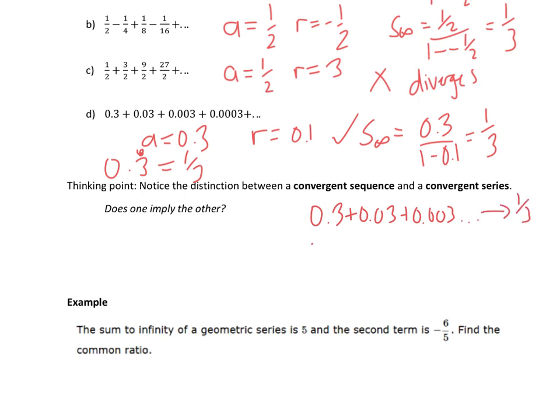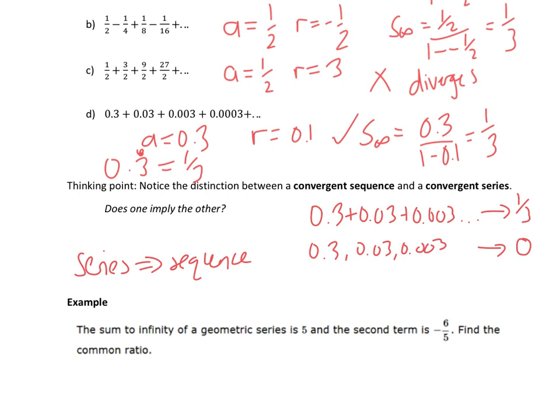So if I just look at the sequence now of just the numbers, is this sequence going to converge? Yes, those numbers, if I keep timesing by 0.1, I'm going to get closer and closer to 0. So if the series converges, that implies that the sequence converges.